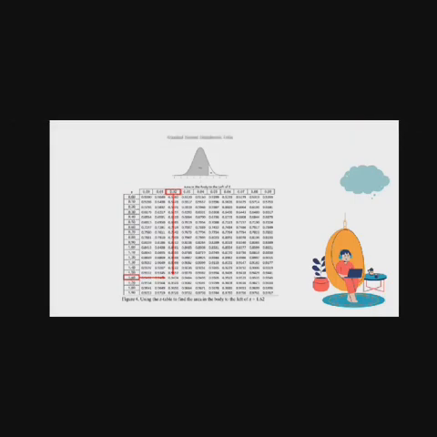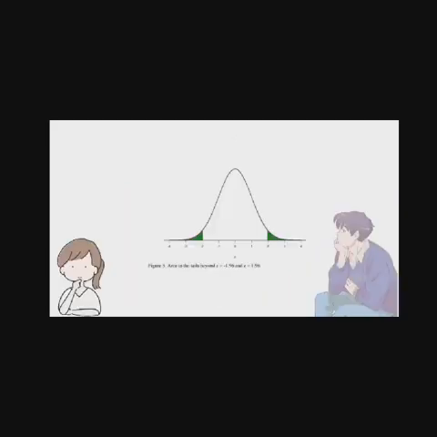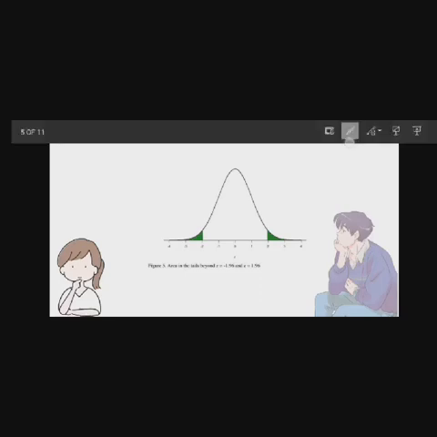So let's move to figure number 5. As you can see, there are two shaded areas with the values of negative 1.96 and positive 1.96. The left side is the negative and the right side is the positive. These two are tails.